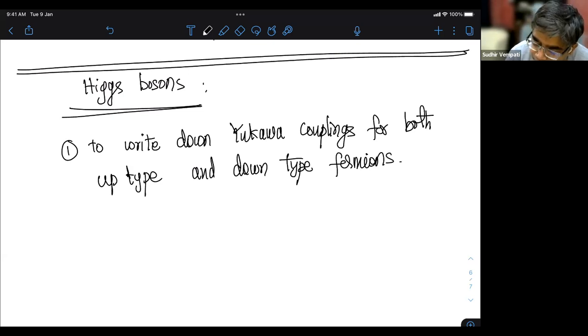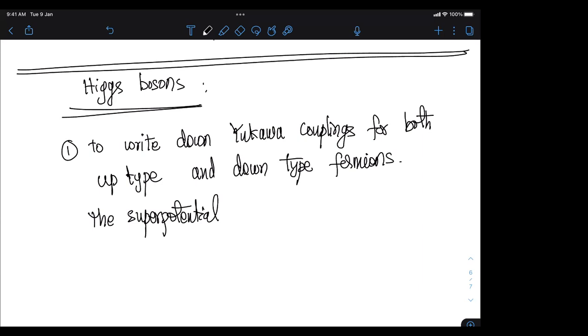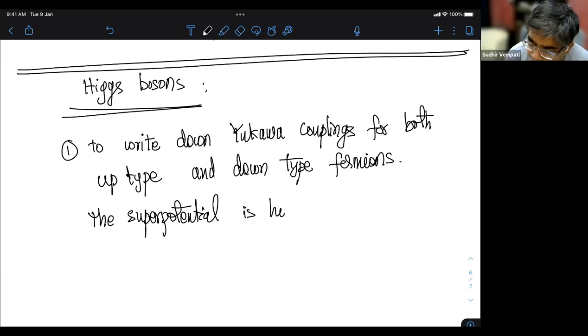The reason is, remember the superpotential is holomorphic.